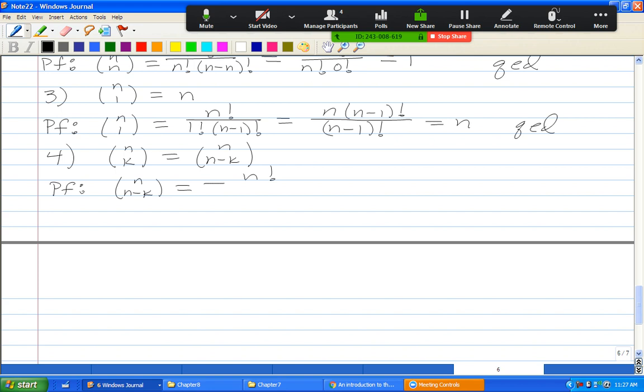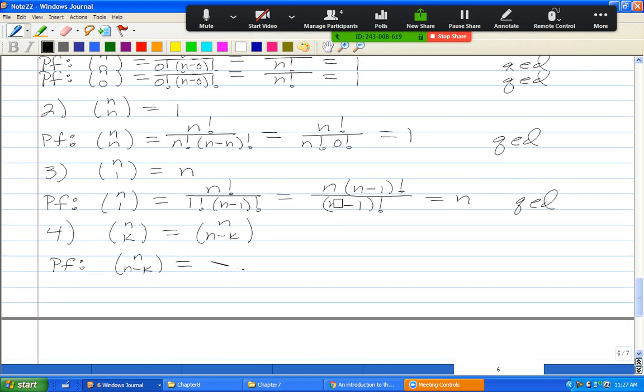This is just n factorial by definition over n minus k factorial times n minus n minus k factorial.